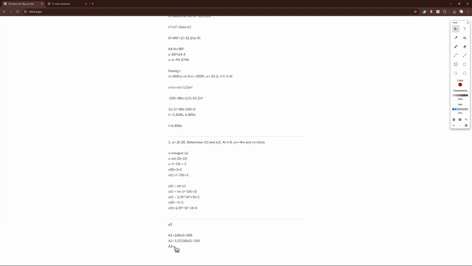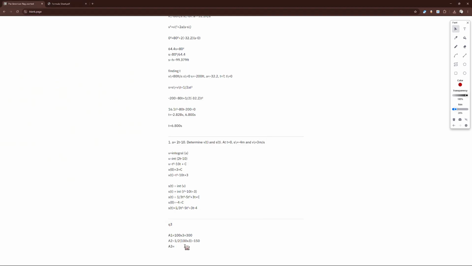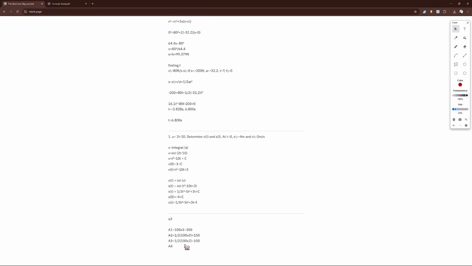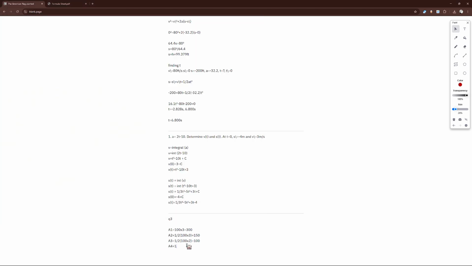A3 is equal, we go from 4 to 6, so height is 2, and base is 100 to 200, so base is 100. So it's a half 100 times 2, which is just equal to 100. And then area 4 is this area. We have base 100 to 200, so 100. And height of 4, so this is just 100 times 4, which is equal to 400.